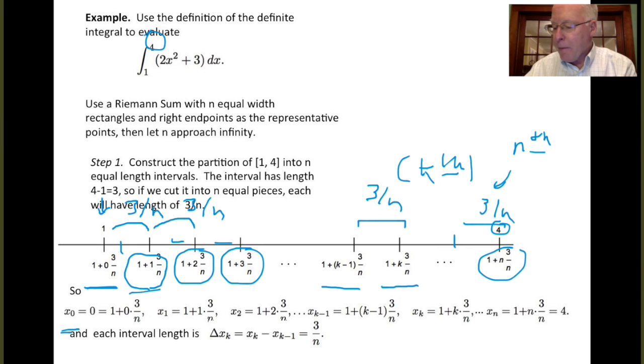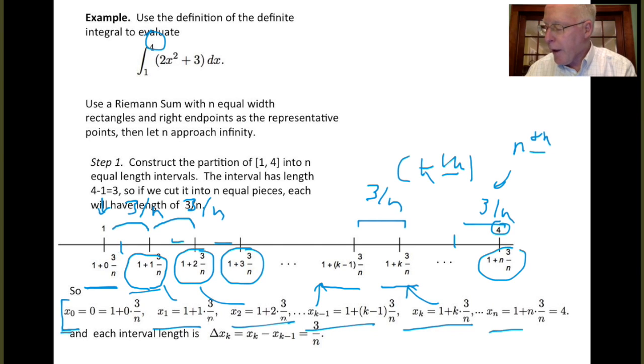So I've recorded those coordinates here, and then down here, of course, in our Riemann sum business, we would call these x0 for the left endpoint, x1 for the first, x2 for the second. Here xk minus 1 goes right there. The xk point is here, and the xn point, or 4, is the last one there.